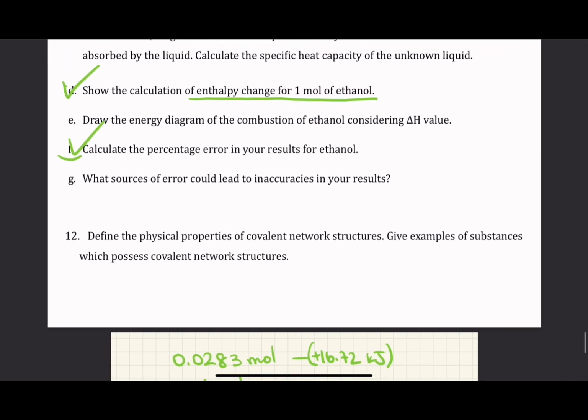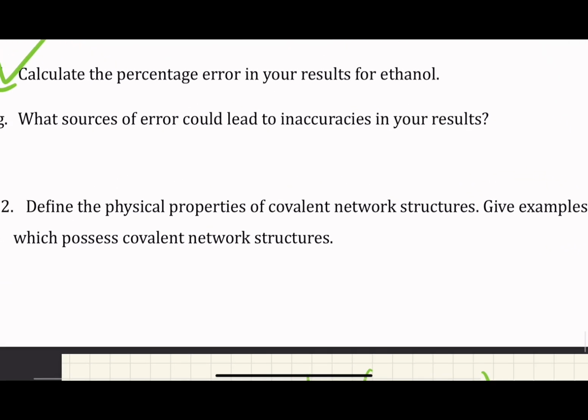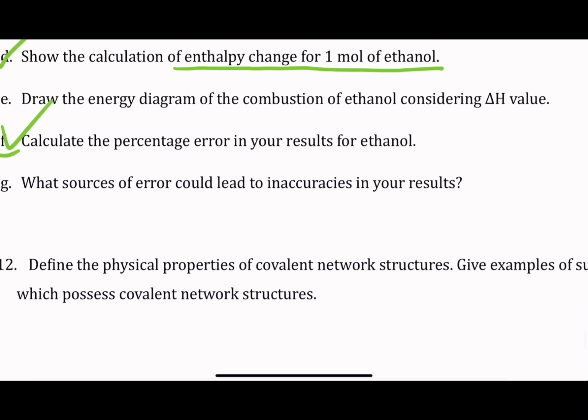It says what source of error could lead to inaccuracies in your results. If you remember in our experiment, we had the lab set up. We were burning the alcohol from the alcohol lamp and recording the temperature, right, with the stand and everything.